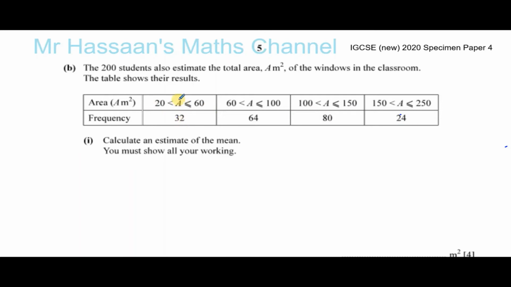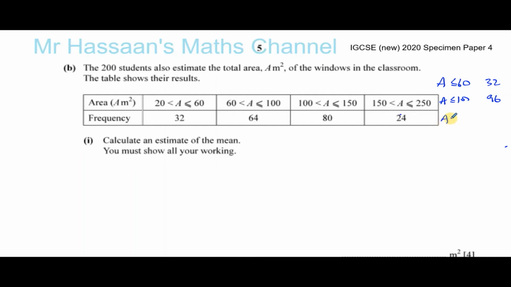And this is the kind of thing that the cumulative frequency curve was made from. If I was going to make a cumulative frequency curve from this, just to show you how they're made, just so you understand: you're going to have the area is less than or equal to 60, 32 students. The area is less than or equal to 100, so you're including all of these. That's going to be 96 students.